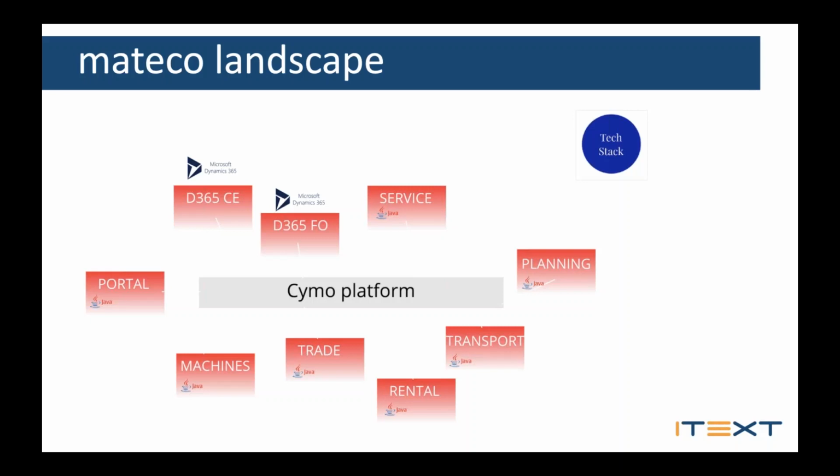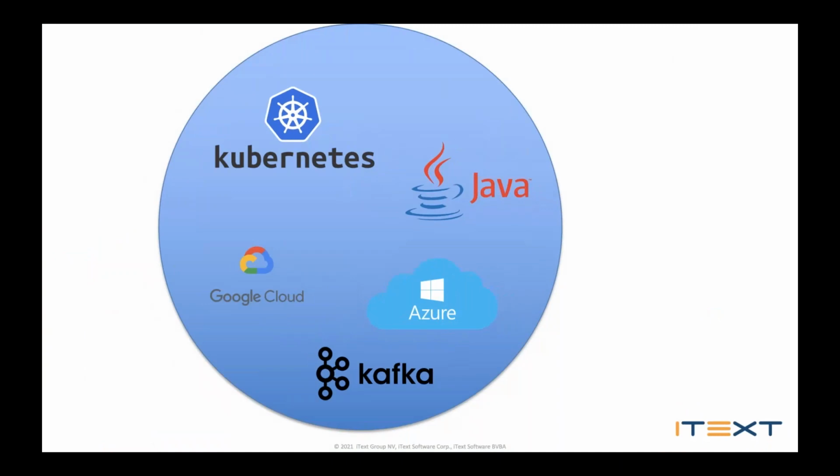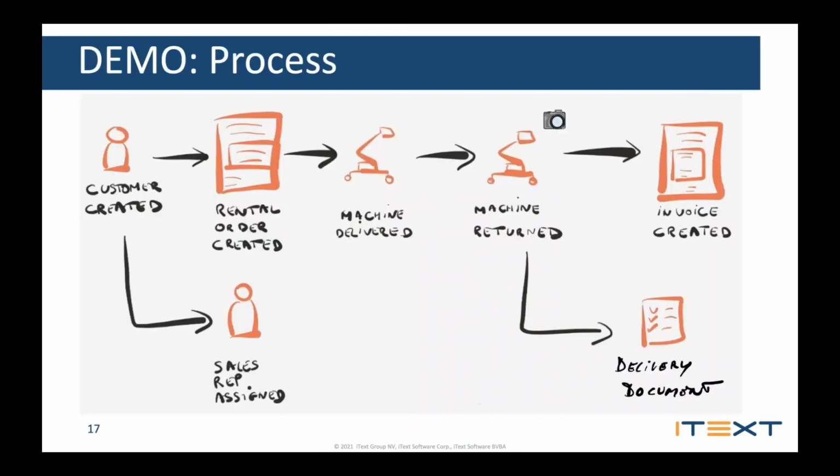So we have a lot of applications, and these are the most important ones, and each application is split out in multiple microservices, but everything is connected with the streaming architecture. The technology stack we use: Kubernetes, everything is Dockerized, Java-based, we are multi-cloud, we run on GCP, we have Azure, and of course Kafka, just to give you an idea.